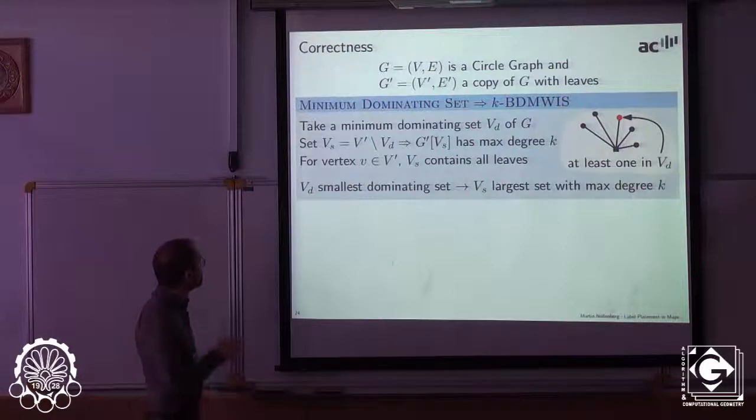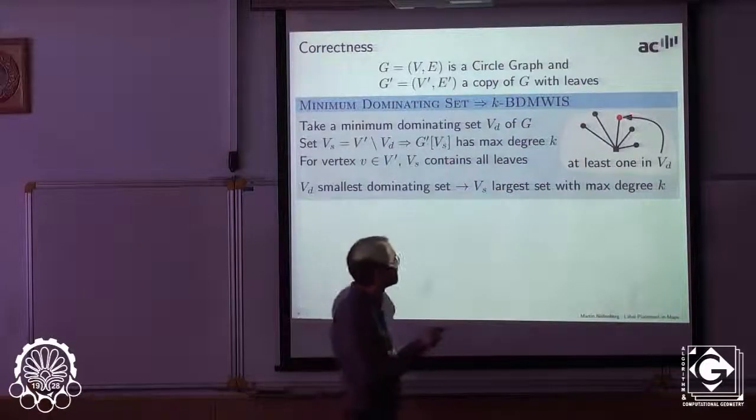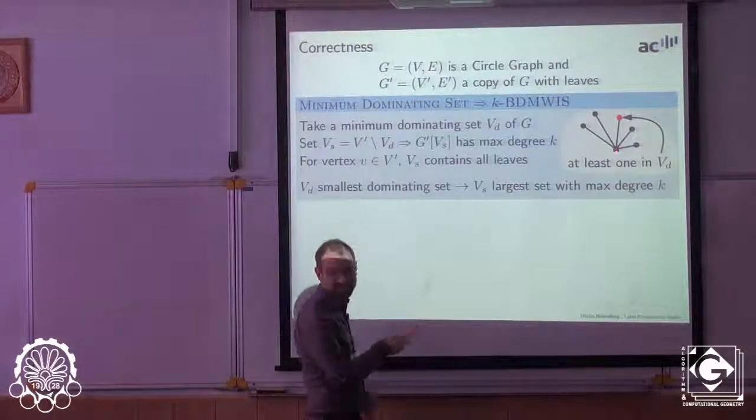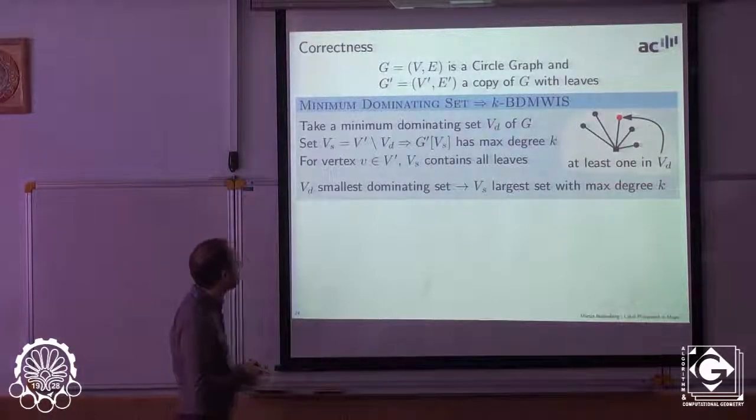And now for one of those vertices in V prime, we know that the complement set Vs contains all the leaves. Because in a minimum dominating set, it would never make sense to have a leaf in the dominating set. Because then you could also take the interior node, and that would be even better.